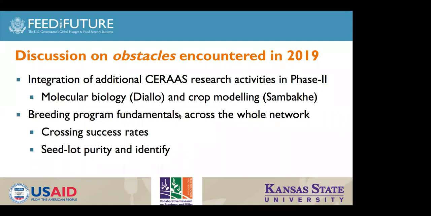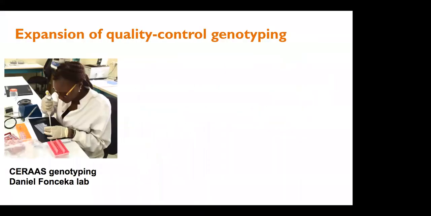I've definitely learned that over the last few years, and so we need to make sure that everybody across the board has their breeding program fundamentals where they want them to be, things like crossing success rate, seed lot purity, and identity. And so I want to talk about the expansion of quality control genotyping.